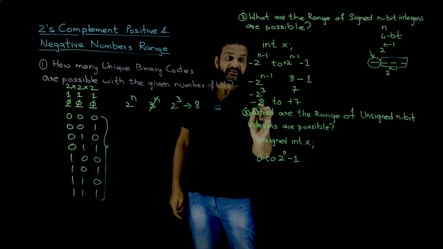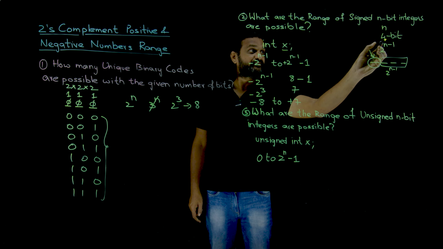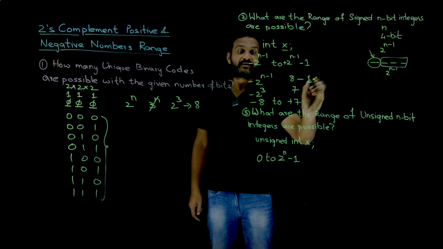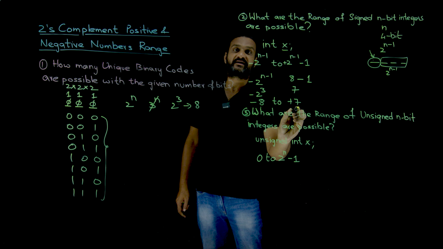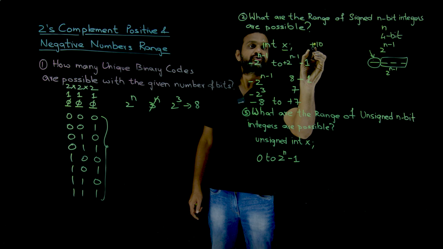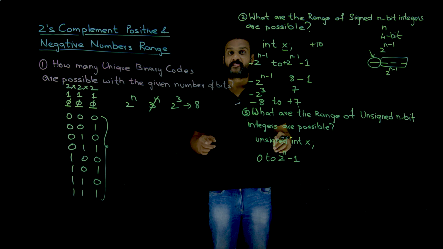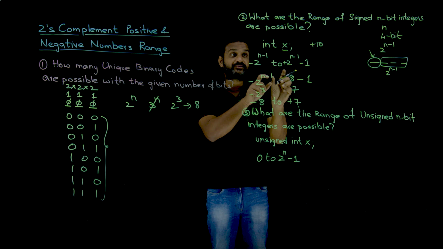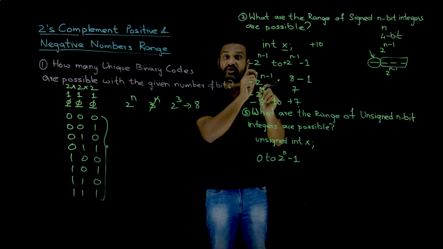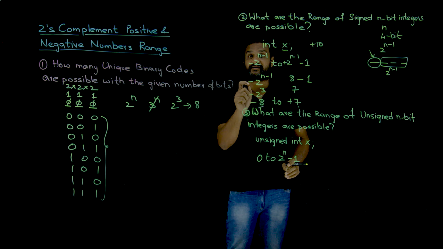So the range of numbers that are possible for this X, which is a 4-bit computer, is minus 8 to plus 7. If you try to assign plus 10 to this X, is it possible? No, it is not possible, because this computer with 4 bits is going to calculate only on the range of numbers minus 8 to plus 7.